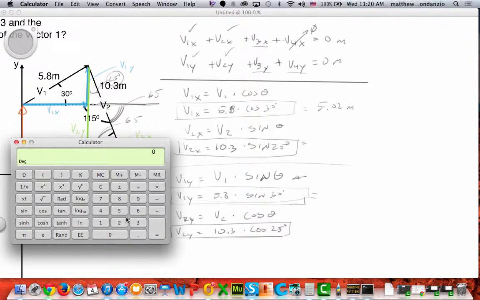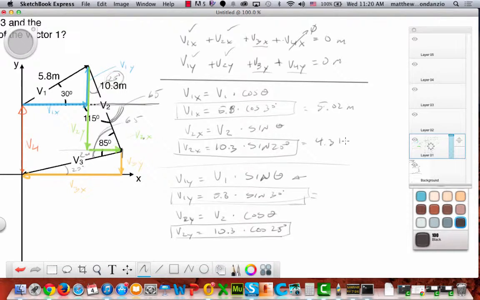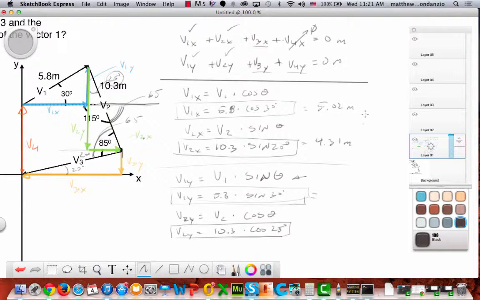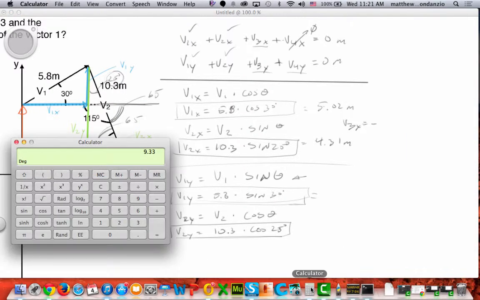And then 25 degrees sine times 10.3 is what? 4.31. 4.31 meters, right? So that means that V3x is really equal to the opposite of those two together. So 4.31 plus 5.02 is 9.33. So V3x is equal to negative 9.33.